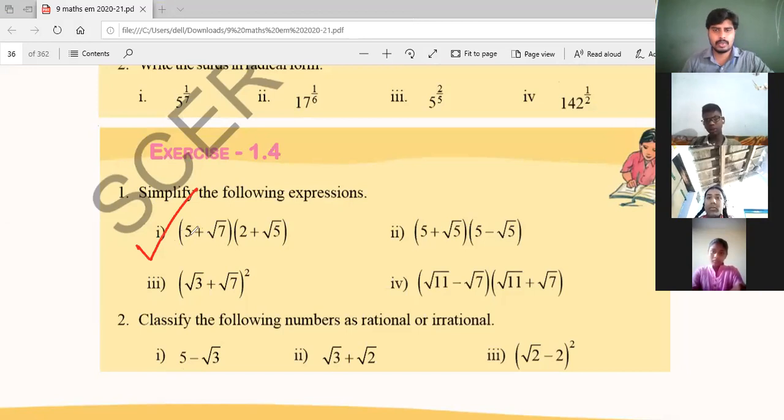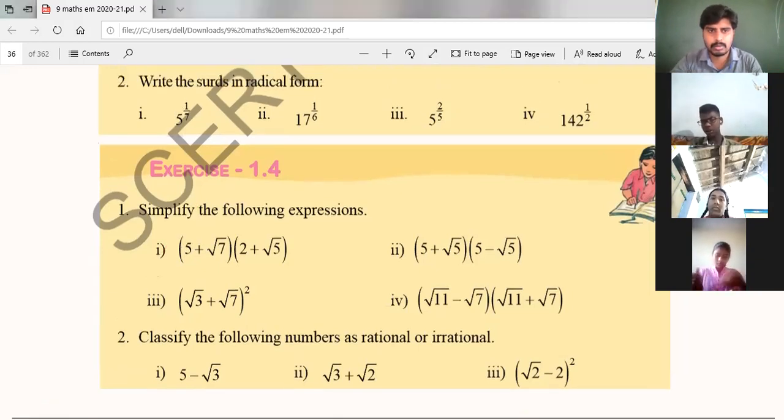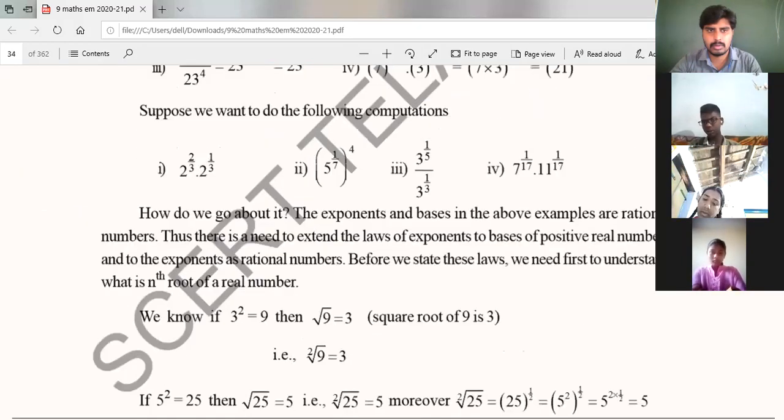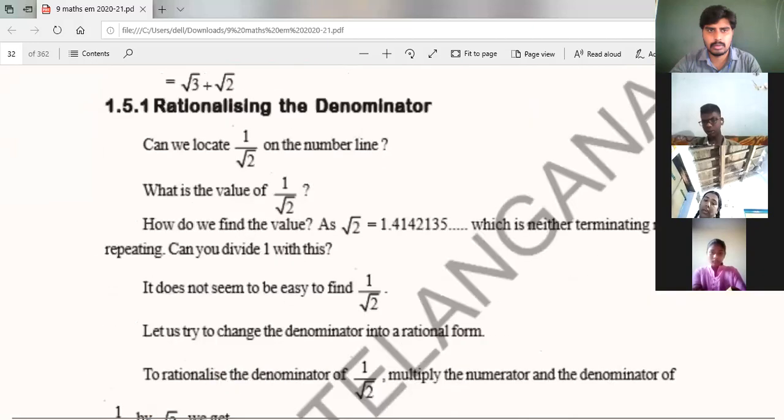this problem. First one, (5 plus root 7) into (2 plus root 5). What is the formula we have, Nana? Just go back to the page. Once we shall revise the formulas. Here are the formulas.